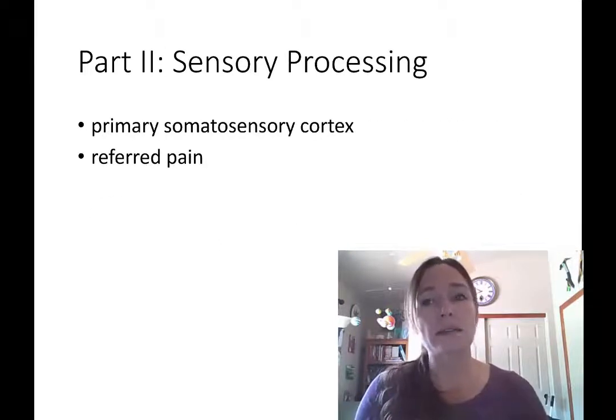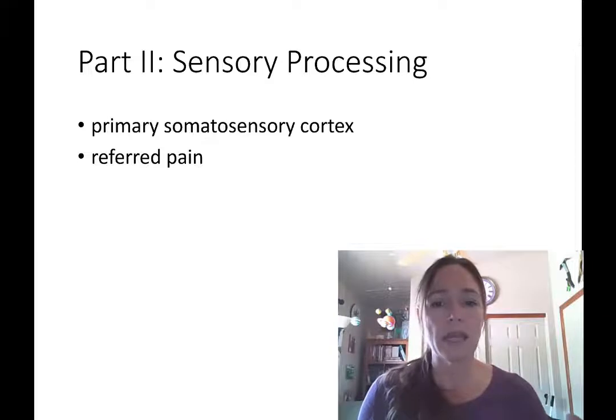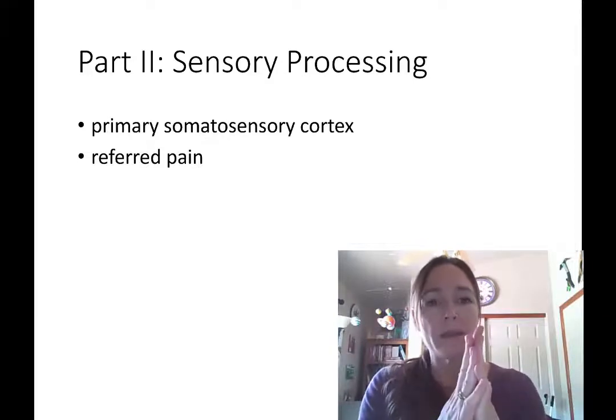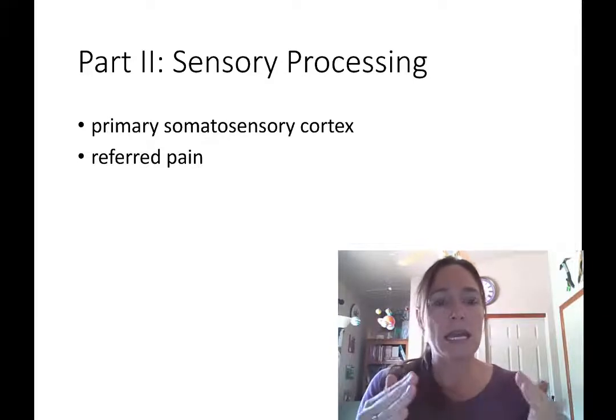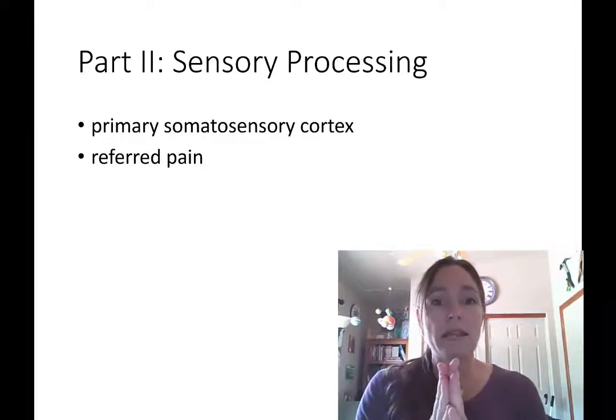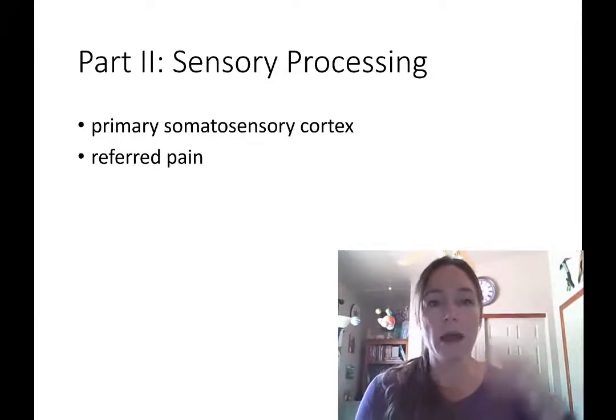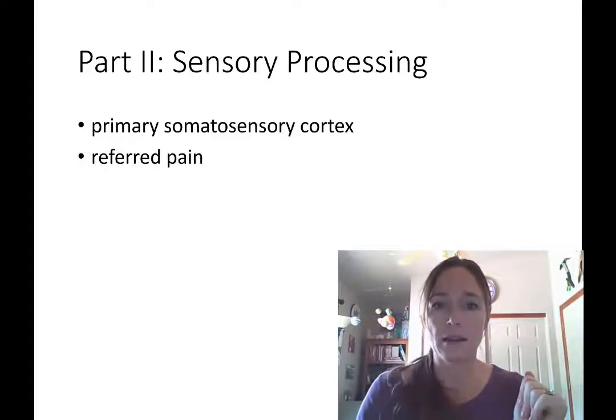Then sensory processing. All these receptors come together to bring information up into the brain. It comes up into the brain via the brain stem and crosses over at the medulla oblongata. That means pain on the right side of your body is actually going to get processed on the left side of your brain.